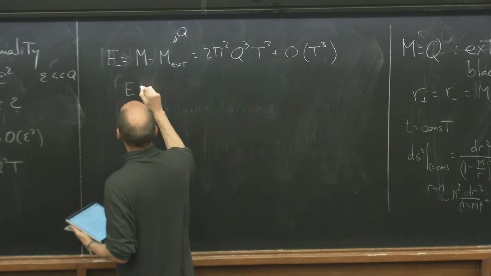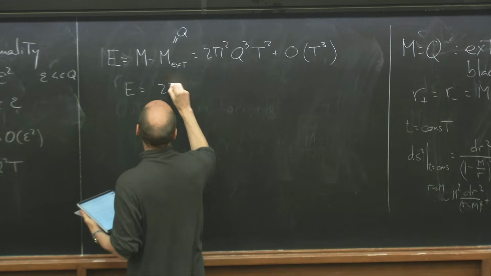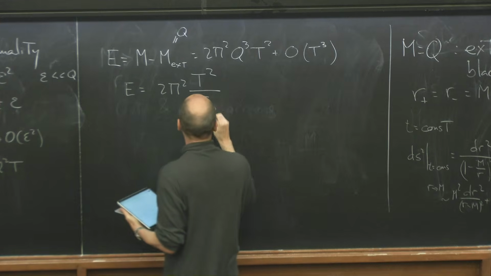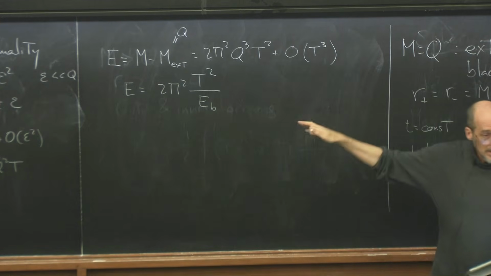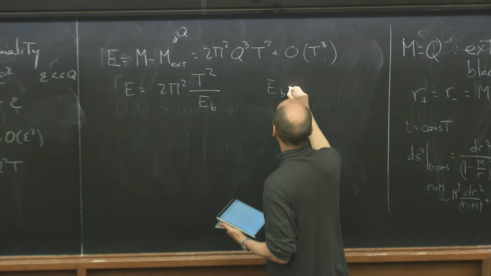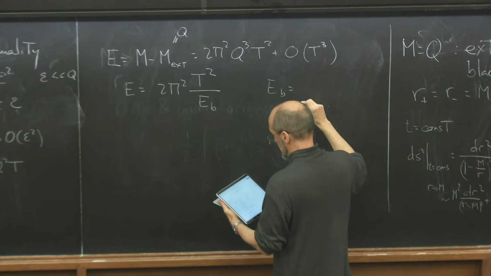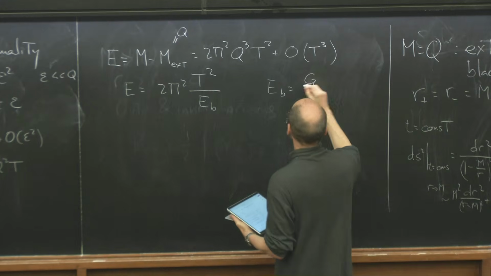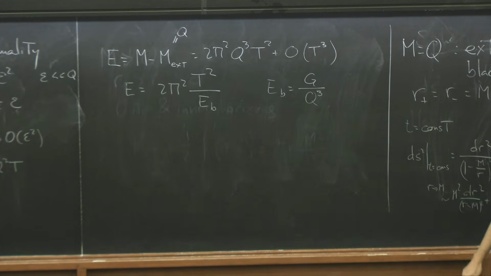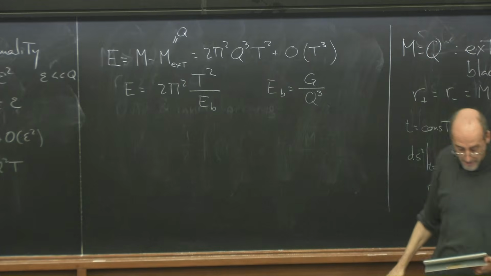So this quantity E_B, the label B will become clear later, is an energy scale. If I restore G Newton, this is going to be G over Q cubed.